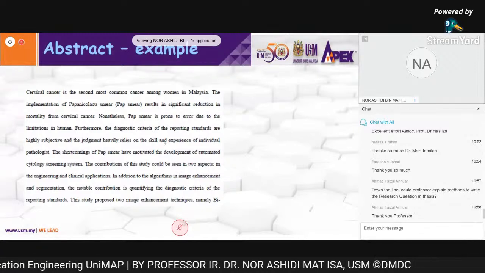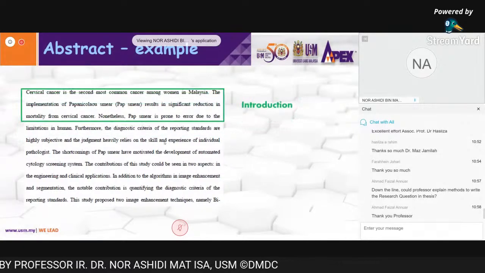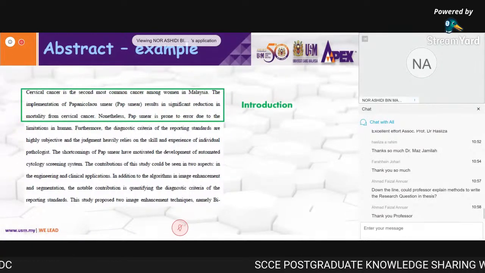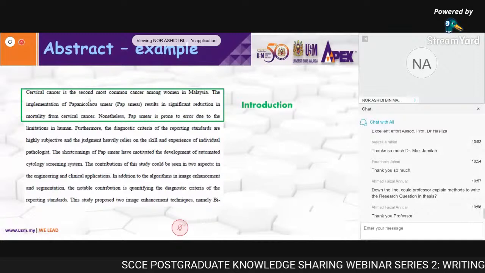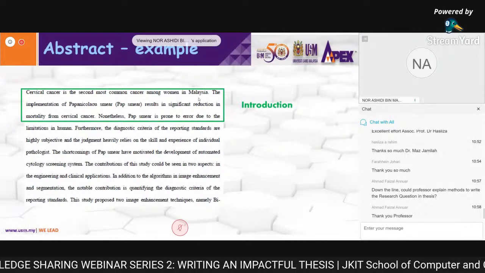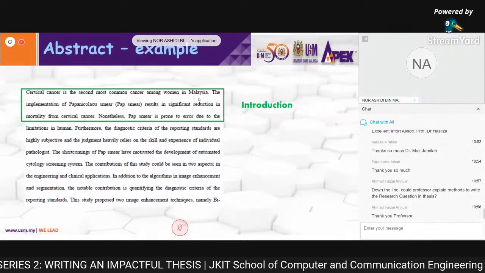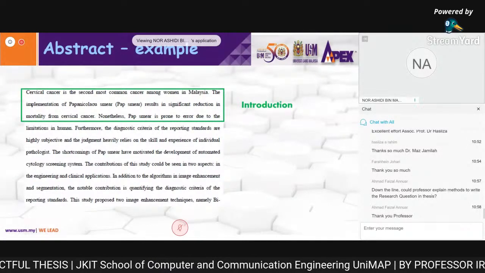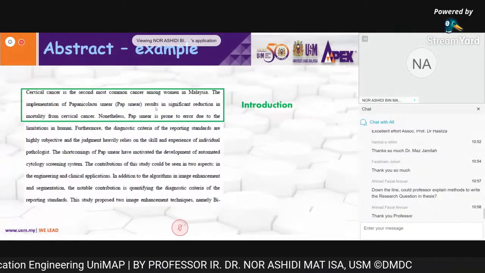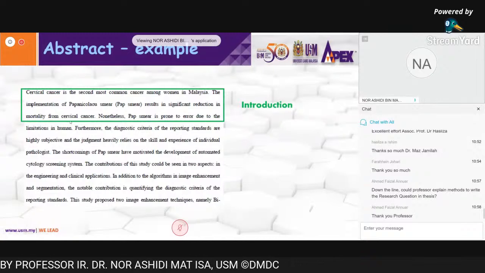If you refer to the first one, this is the introduction. Only 2 sentences. Cervical cancer is the second most common cancer among women in Malaysia. So I want to introduce that this work is actually about cervical cancer. And then the implementation of Pap smear results in a significant reduction in mortality from cervical cancer.